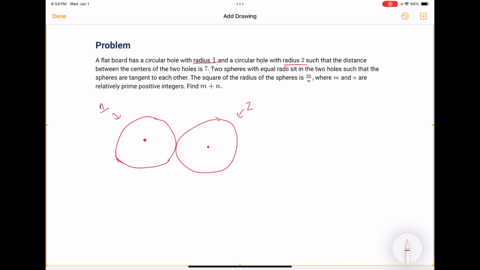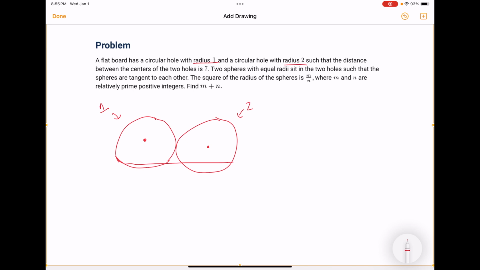And we know that the two circular holes are on a flat board. So if the line represents the board, then the sphere that sits in the hole with radius 1 doesn't sink as much as the one that sits in the hole with radius 2, because obviously there's more room in radius 2.